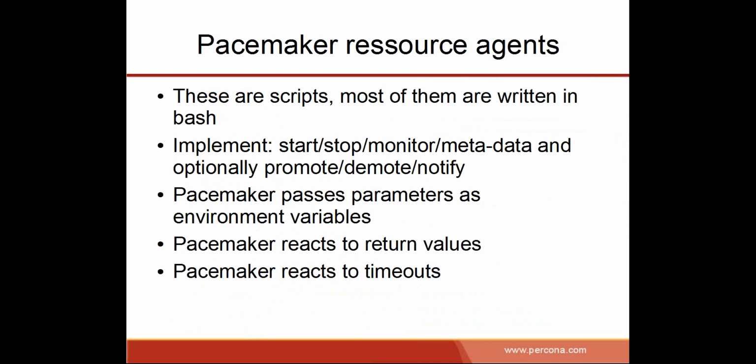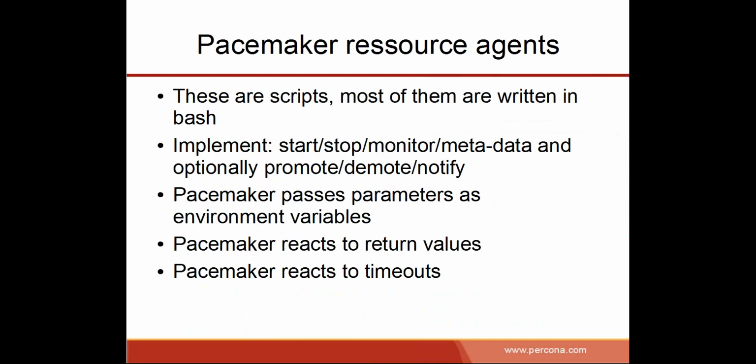It has to implement some basic API: start, stop, monitor, metadata. Metadata is basically to tell Pacemaker what parameters it accepts and needs. And optionally, for master slave clone sets, it can have promote, demote, notify. So those are important. The MySQL PRM agent implements all these.